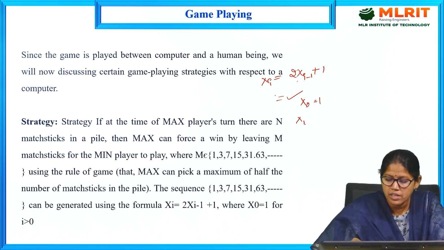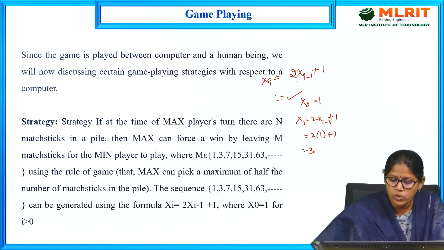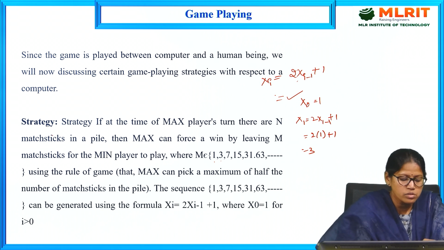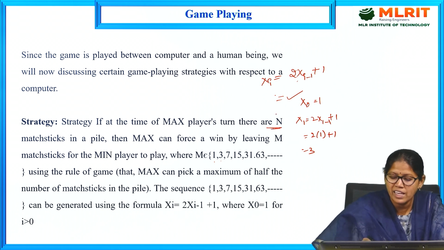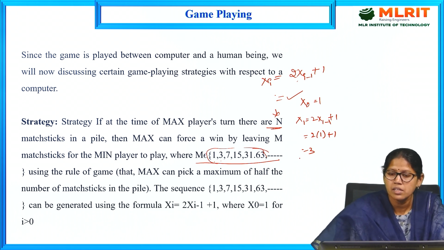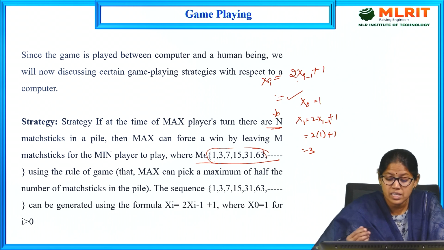If x1 equal to 2, 1 minus 1 plus 1, so 2 into 1 plus 1, 3. The sequence is 1, 3. So here consider n is a pile of matchsticks and these are the sequence. If this sequence is left to the min, then the max definitely wins the game.